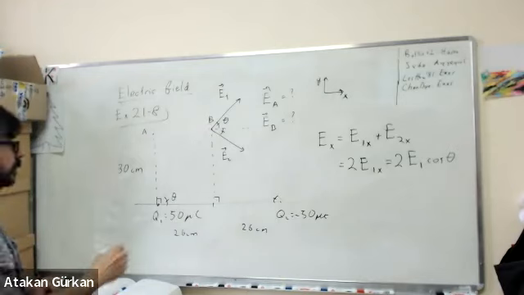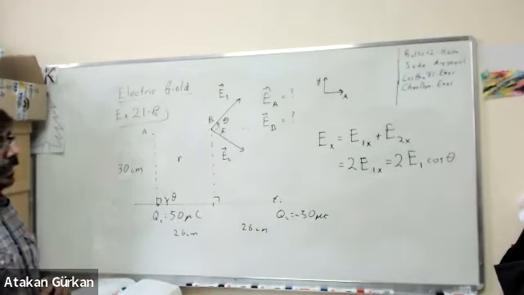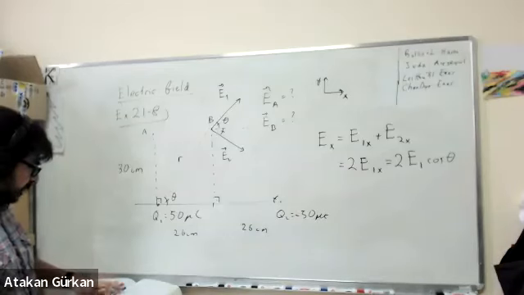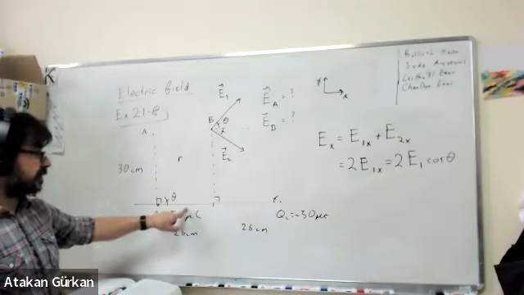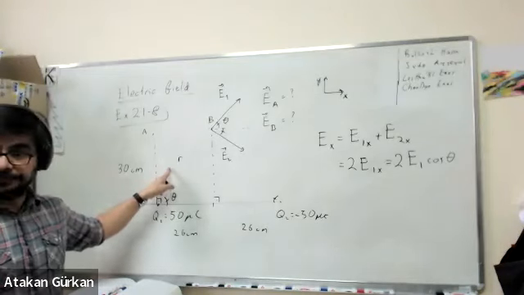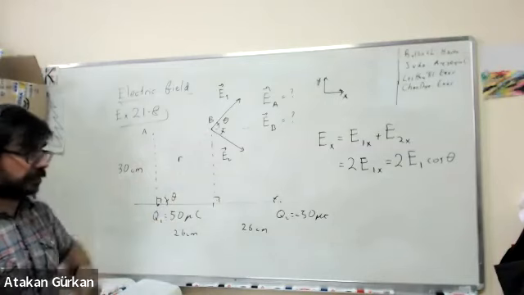Okay, this is R. And I can write that the cosine of that angle is the adjacent side divided by the hypotenuse. Right? In this case, 26 centimeters by whatever you find for r.